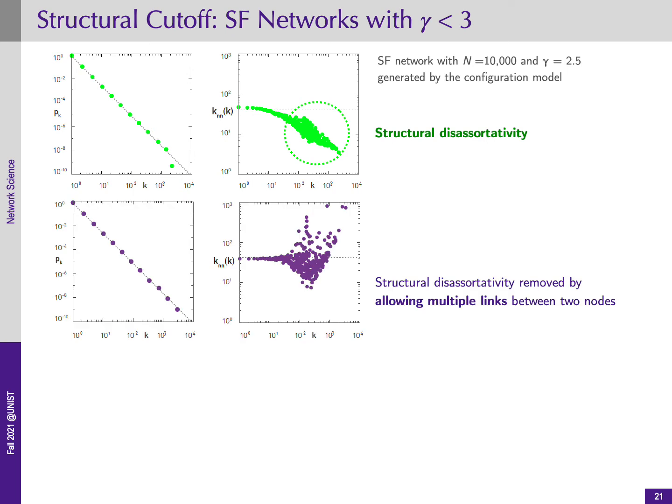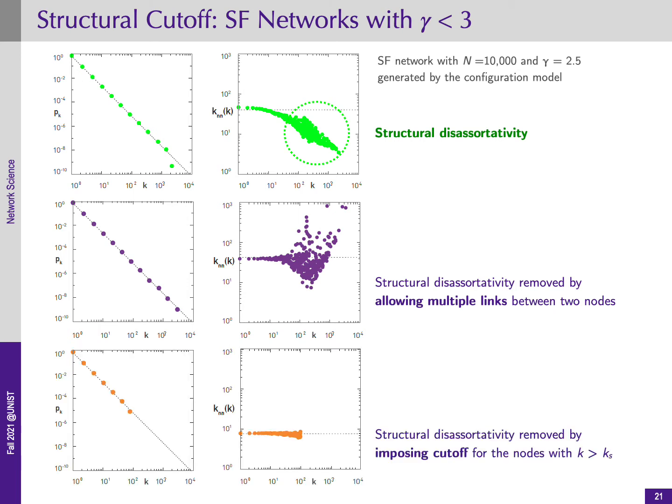But as long as you allow for multiple connections between hubs, then this negative correlation disappears, as you see in this second row of panels. Another way of removing this kind of spurious correlation is to introduce a cutoff in degree, a maximum degree, so that you will have this structural disassortativity gone by imposing the cutoff for the nodes with degree k larger than the structural cutoff value Ks.